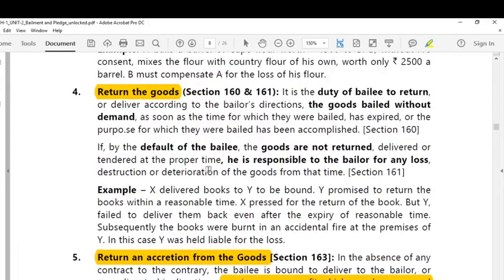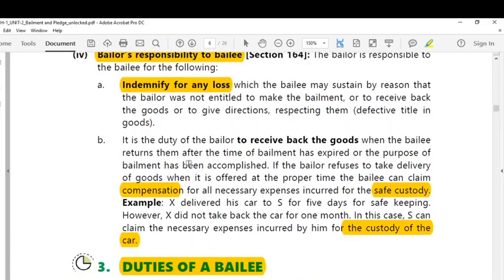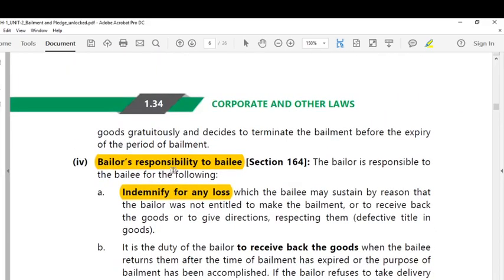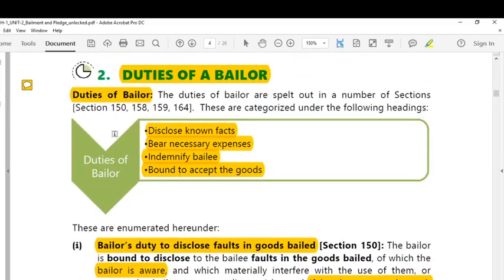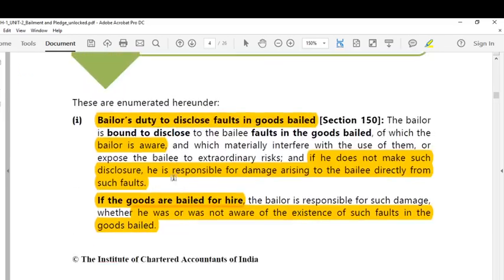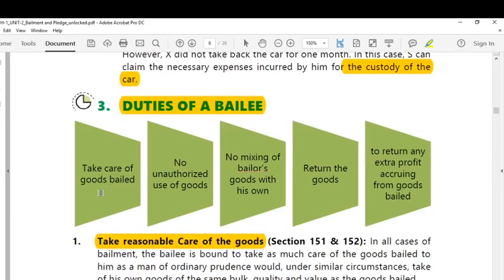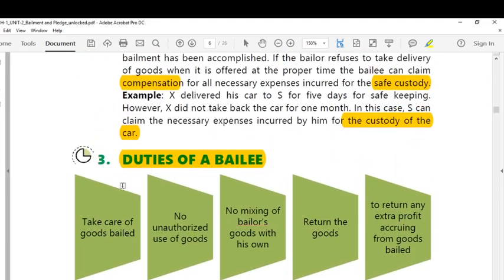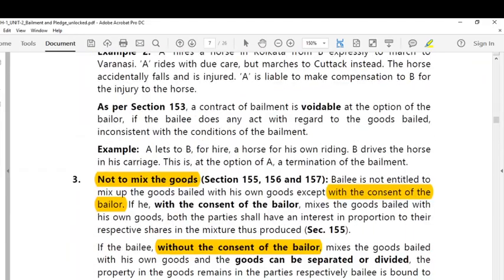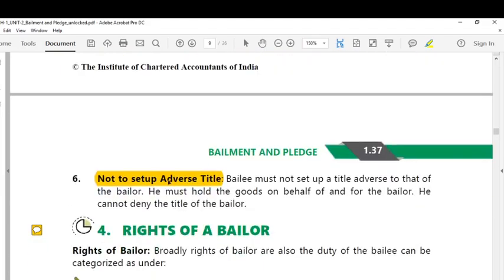So students, there are four duties of the bailor with respect to the contract of bailment, as well as six duties of a bailee under the contract of bailment. The sixth duty is not to set up an adverse title.